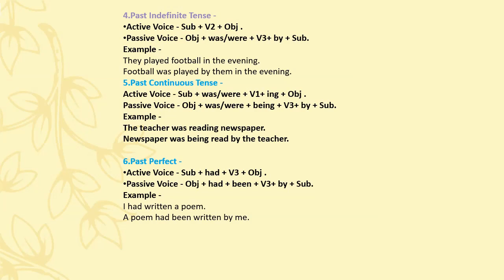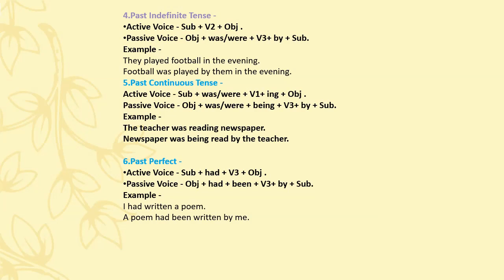So with all the perfect tenses we use the V3 form of the verb. Please learn using a bit of tricks, fine, and do not just mug up the things. Practice, and definitely you are going to have a better understanding of the chapter.